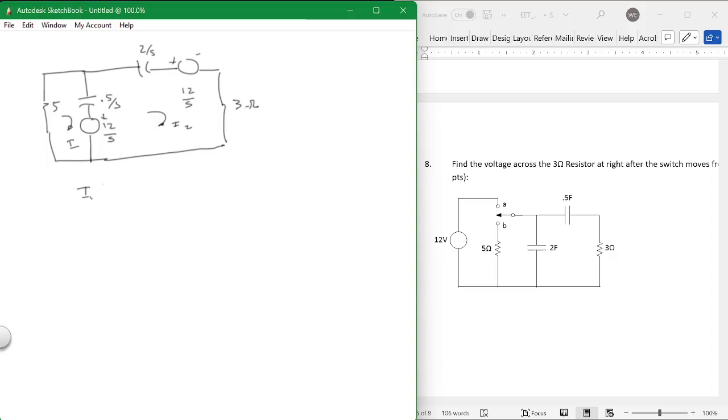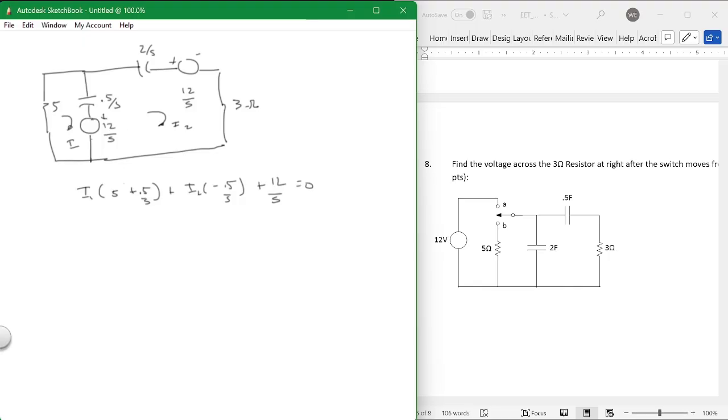It's I1 times 5 plus 0.5 over S, plus I2 times minus 0.5 over S. And then it flows plus side up, plus 12 over S equals 0.